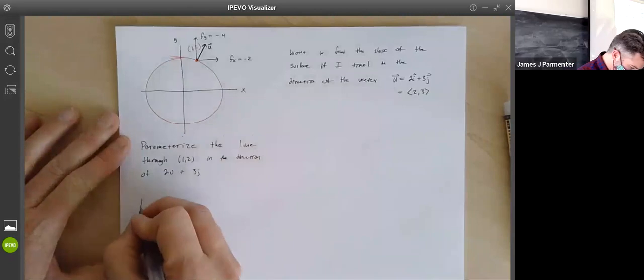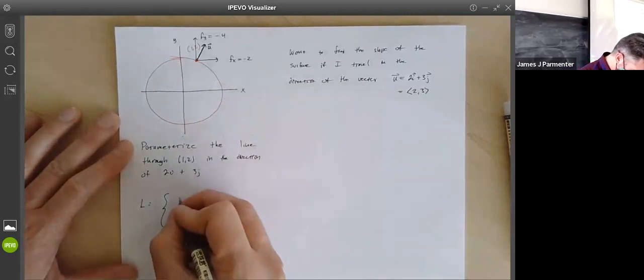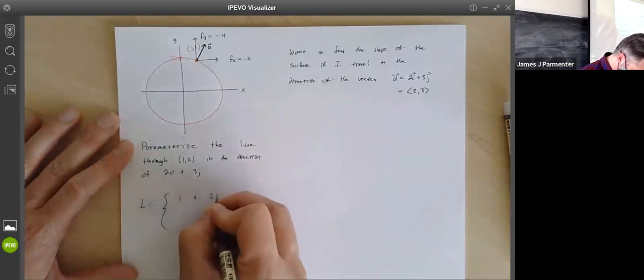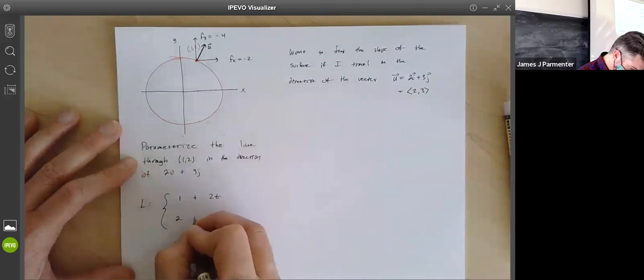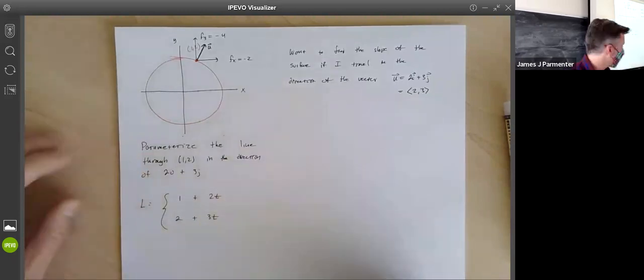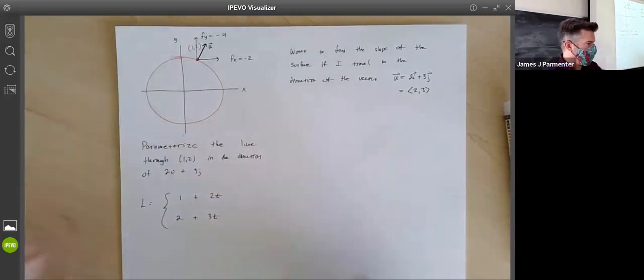We can do that pretty easily. That's going to be 1 plus 2t and 2 plus 3t. Again, just taking my point and adding on t times a vector. We parameterized lines before. It's not terrible.